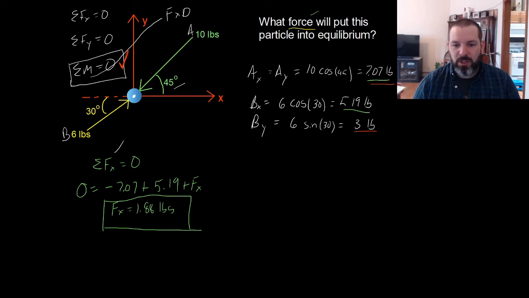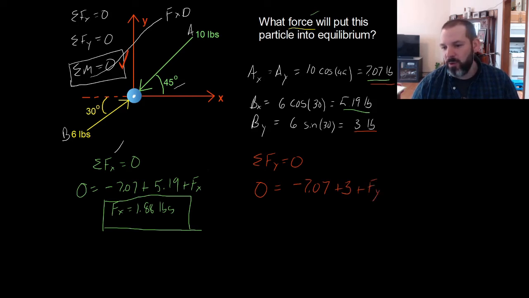If we sum the forces in the y, they have to equal 0, and 0 is going to equal the A vector is acting to the left and down, which means its y component is also negative, so that will be minus 7.07. B is acting to the right and up, so it will have a positive 3 pounds. And then I'm going to add onto here some force component Fy, the same as before.